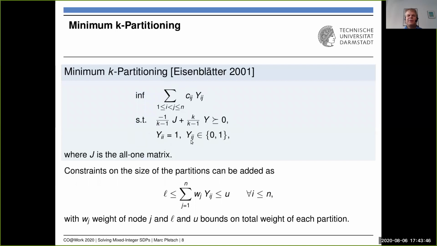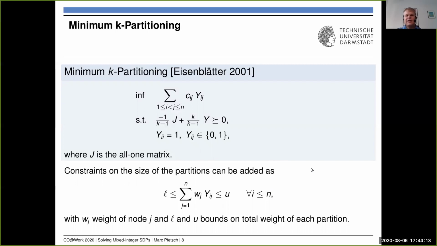The variables in the matrix Y are 0, 1. On the diagonal, we only have 1. And this matrix J is the all ones matrix, so all entries of this matrix are 1. And Eisenblätter proved that this actually gives a valid formulation for the k-partitioning problem, which is not immediately clear, but required a little bit of thought.